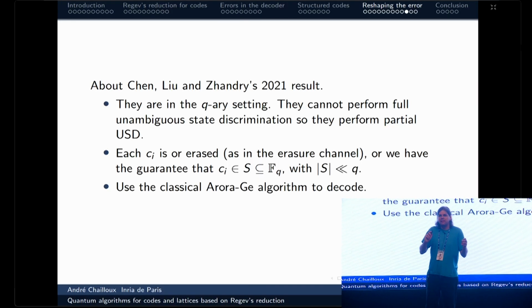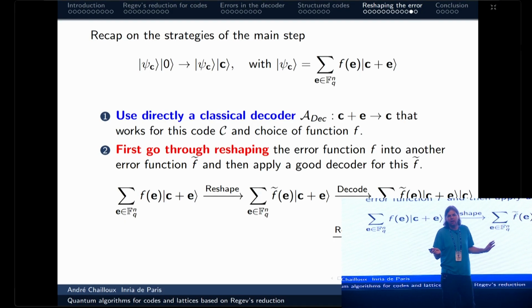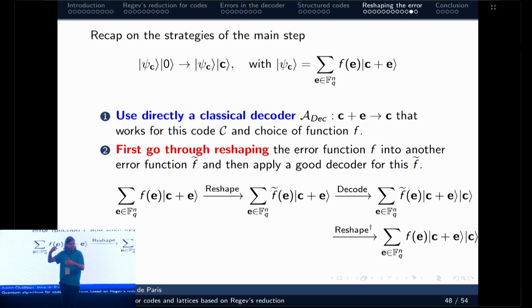Okay, and that was also an important part. So now I just want to make a recap: we have this family of quantum algorithms based on Regev's reduction, and you have basically two ideas. Either you directly apply a decoder on your function, which was done for structured codes, or you go through reshaping.